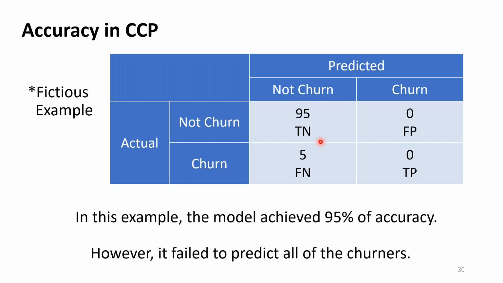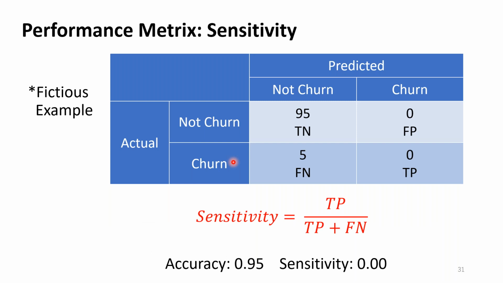So predicting churners correctly is more important than predicting non-churners, as I said before. Instead of accuracy, sensitivity is very important in this kind of problem. I mean, in classification problems like customer churn prediction, sensitivity is very important and useful.